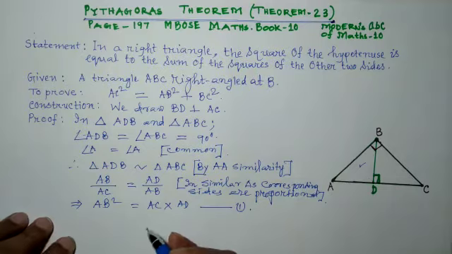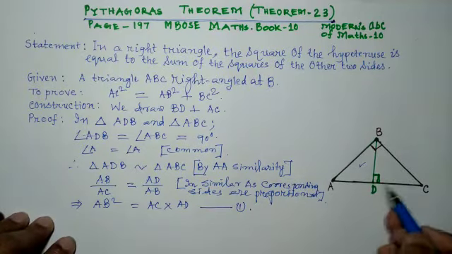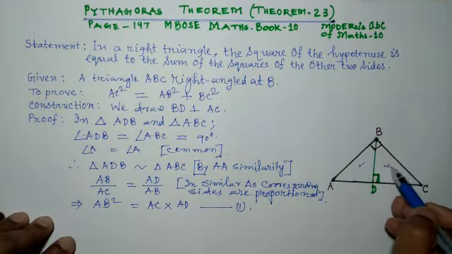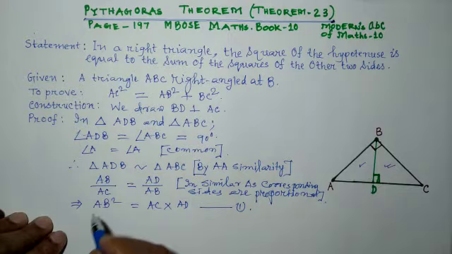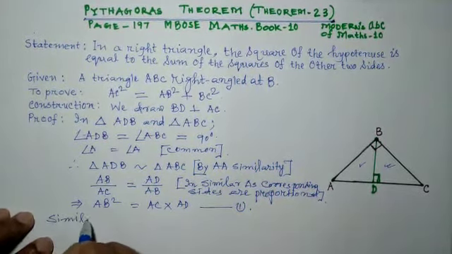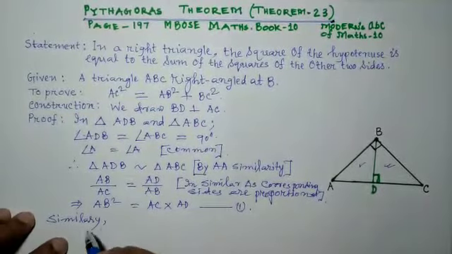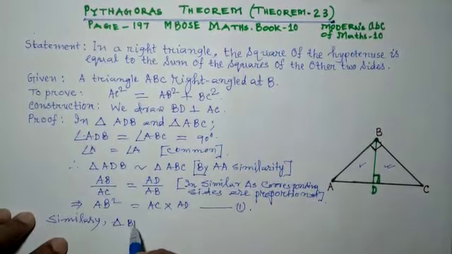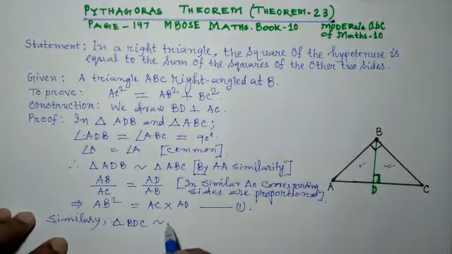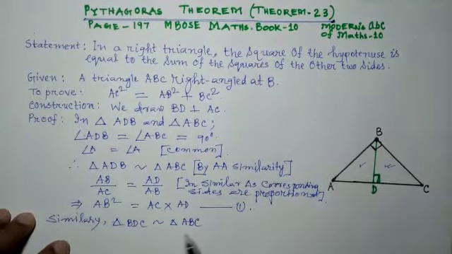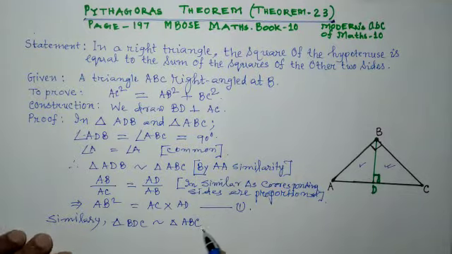And similarly we can take the small triangle BDC and the big triangle ABC. In the same way we can show that these two triangles are also similar. Triangle BDC is similar to triangle ABC, and then the corresponding sides are proportional.